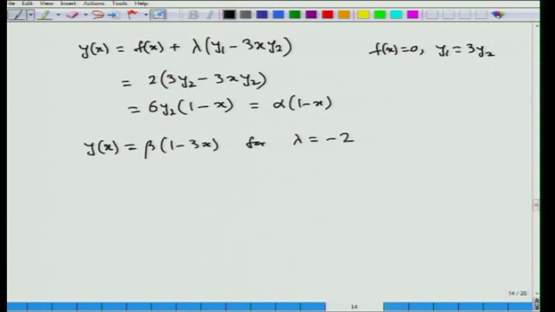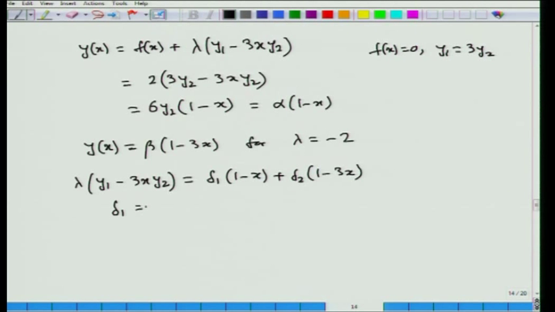And finally, you can check that lambda times (y1 minus 3x y2) can be written as a linear combination of these two functions, 1 minus x and 1 minus 3x, that is, equal to delta1 times (1 minus x) plus delta2 times (1 minus 3x).